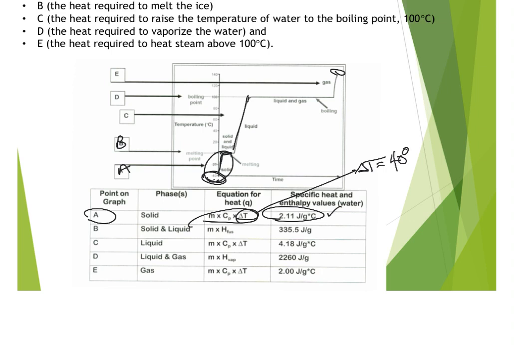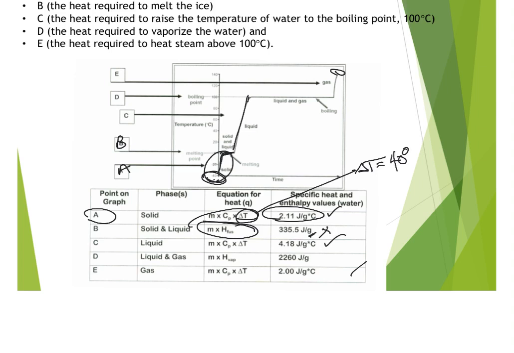Solid, liquid, and gas for water have different specific heat capacities, so be careful. Then you would go to melting the ice, and that's when you would use this equation and pay attention to units, joules per gram. So you'd multiply this by however many grams you have of the substance.